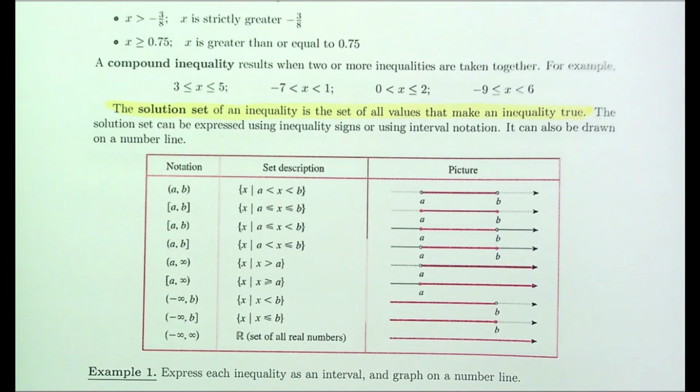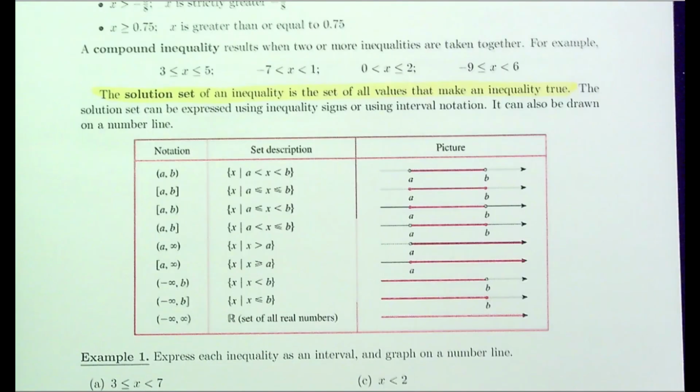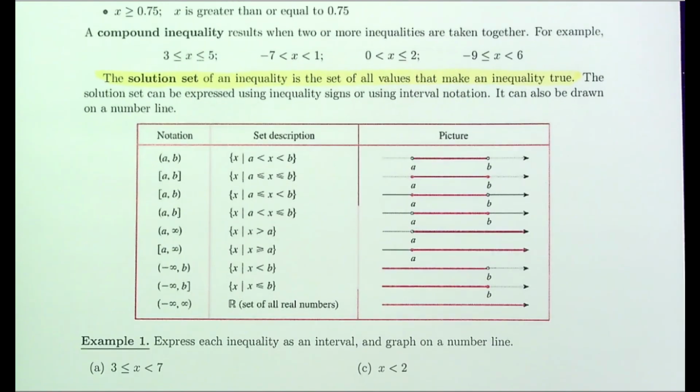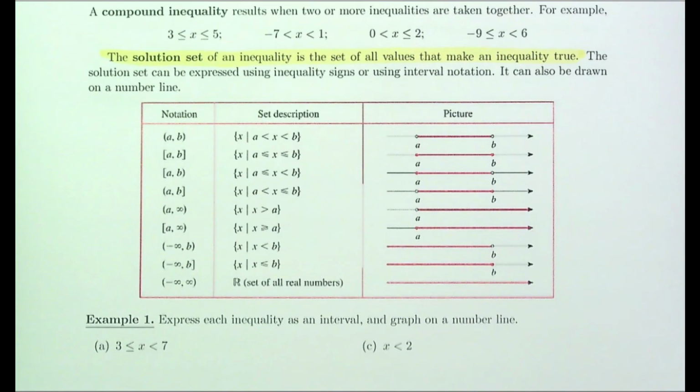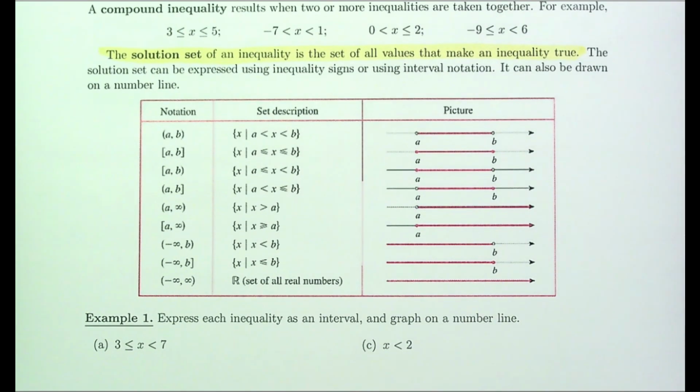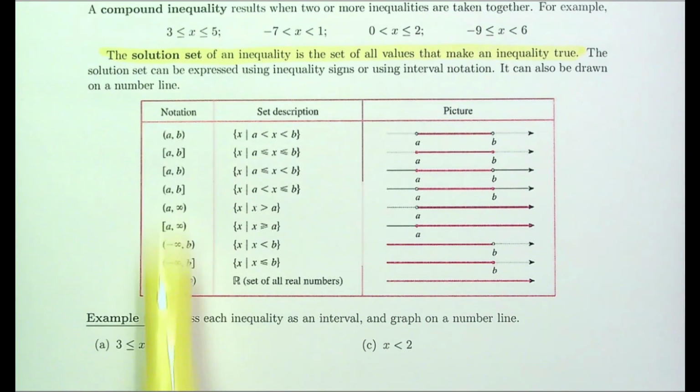And when we solve an inequality, we usually express the answer sometimes in inequality notation, but often in interval notation, sometimes in set theoretic notation, and sometimes even in terms of pictures.